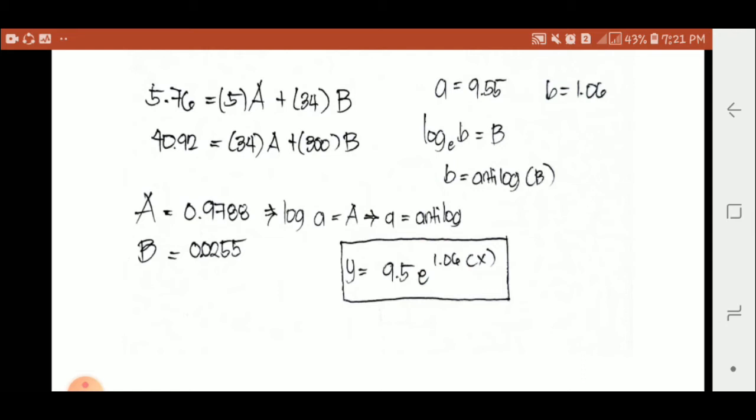These equations just show the relationship between the dependent and independent variables. The equation of the parabola, one of my group members will discuss.